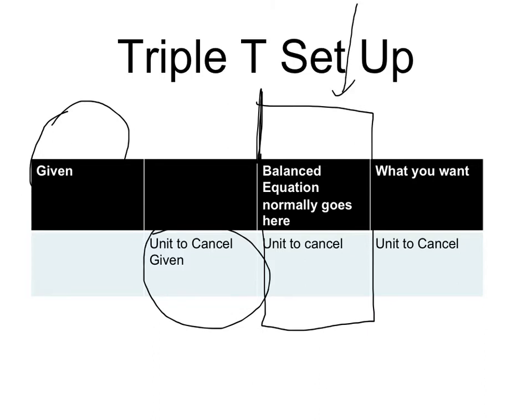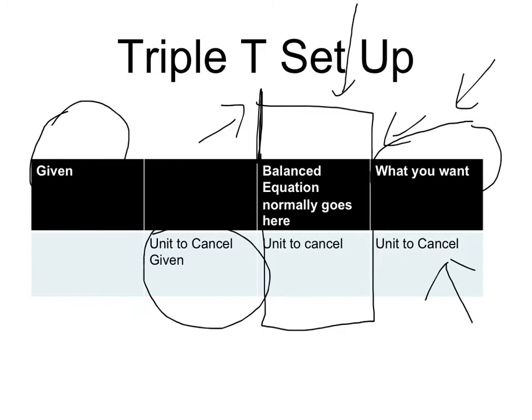You have to go to the balanced equation, and the balanced equation will basically have numbers, and those numbers will sit in here to move from one item to another item. And then just as before, with the double and the single, what we want is going to go on the far right, and the unit to cancel is going to go down below.